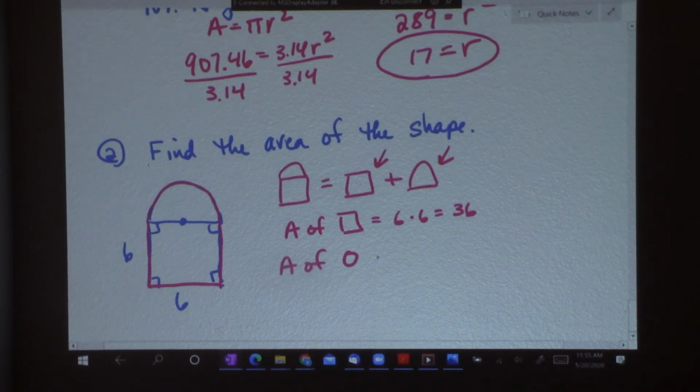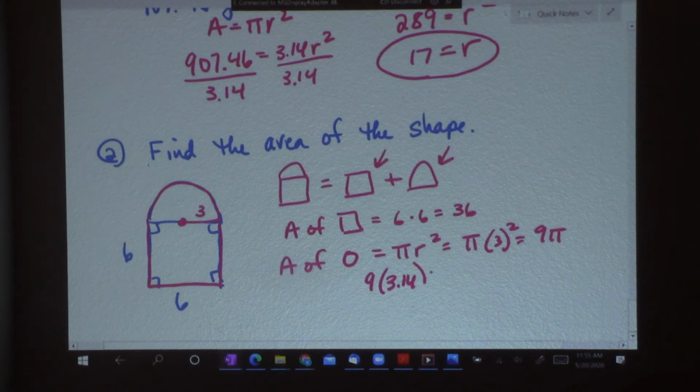The area of the circle, now be careful. What's the radius? The radius only goes to one side, so that's going to be 3, half of that. So I've got pi r squared, which is pi times 3 squared, which is 9 pi. Now I take 9 times 3.14 and I get 28.26.